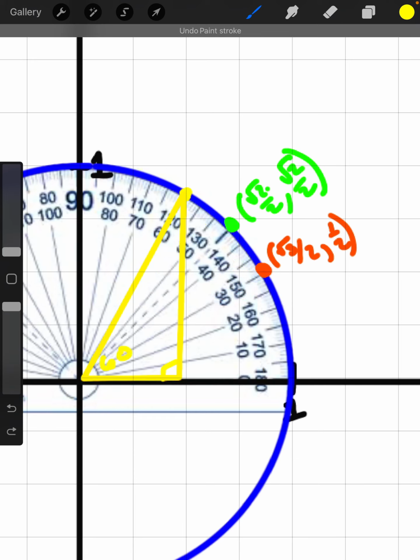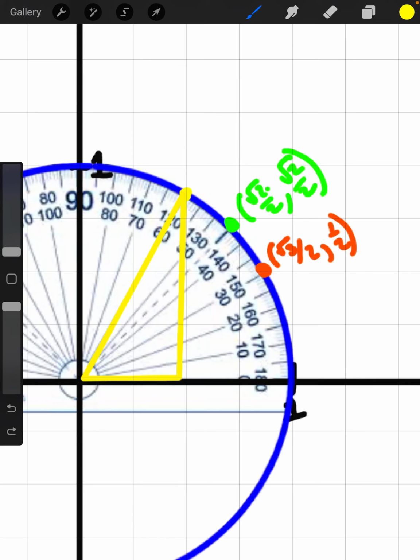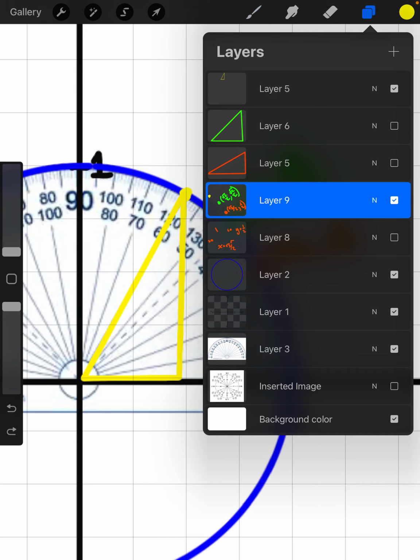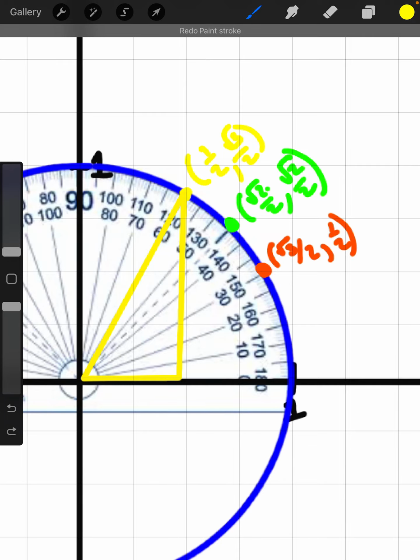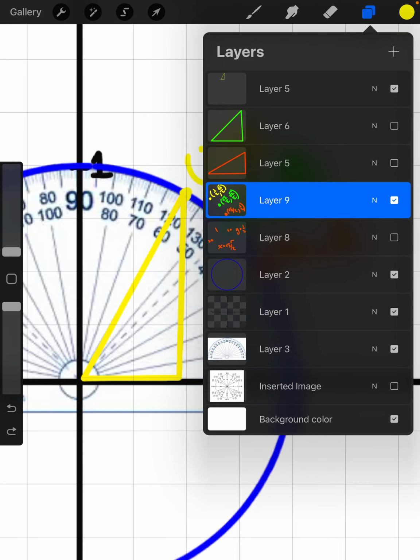So the point I'm trying to make here is that we are going to have the same exact numbers for our coordinates, but they're going to be switched. So instead of square root of 3 over 2 first, we're going to have 1/2 first, and then square root of 3 over 2 will be second. So same numbers, but swapped for 30 degrees and 60 degrees.